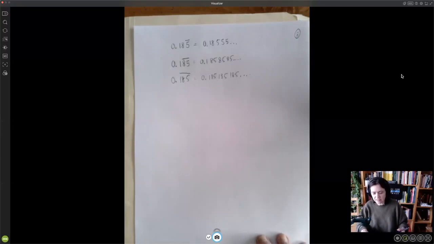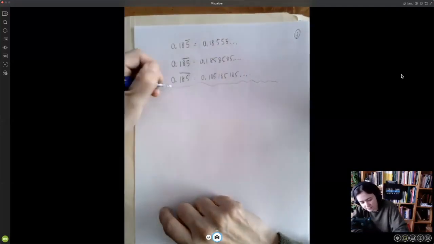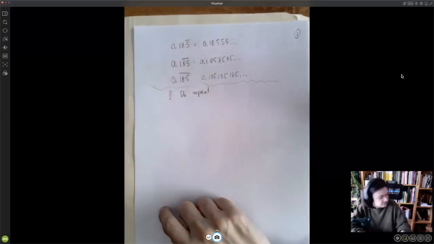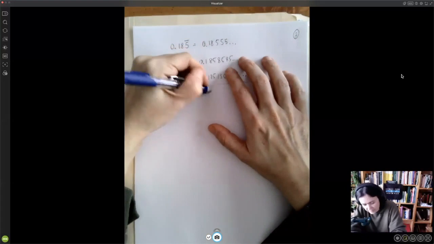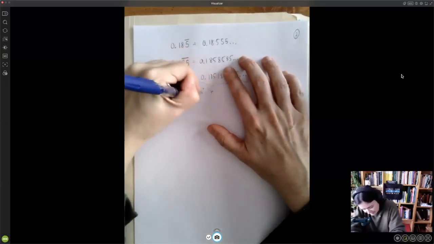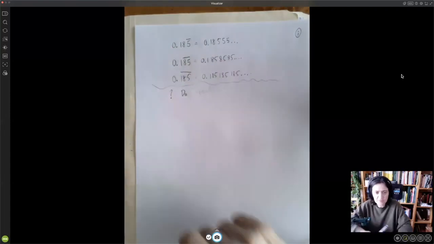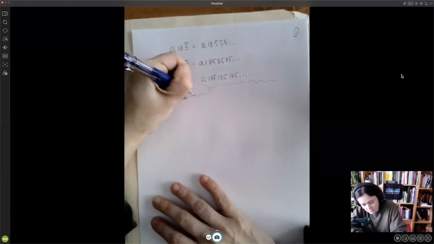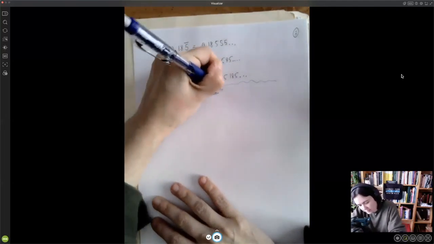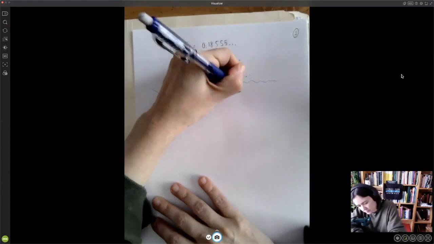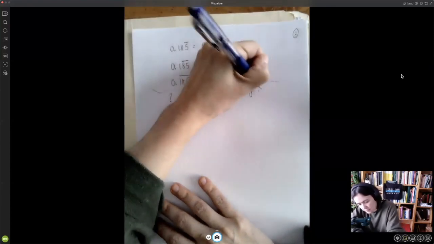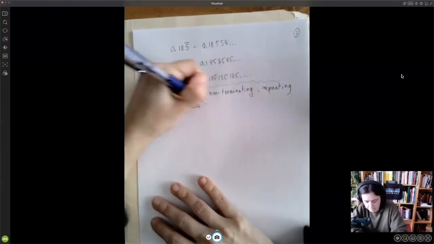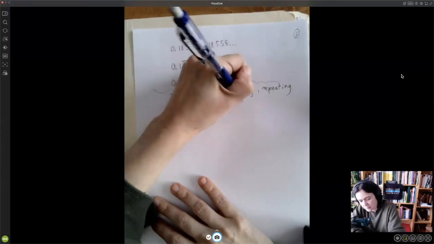So what's the deal with repeating decimals? So the actual question is: do all non-terminating repeating decimals represent rational numbers?